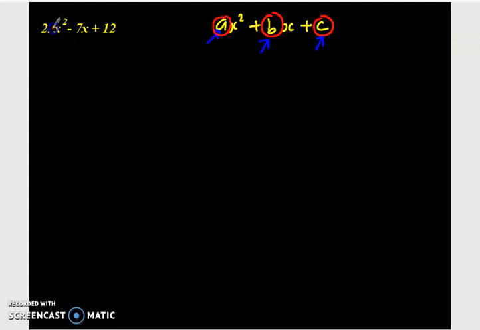We have a 1 right here. So in this case, a would be 1, so a would be equal to 1. Then b, looking at the coefficient of x, b would be equal to -7. And c would be equal to 12.